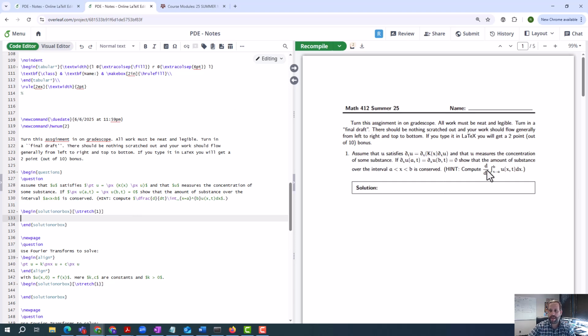So I'm going to follow the hint. It says to compute this right here. So what is the hint getting at? This quantity right there, that integral, is the amount of substance on that interval at time t. We want to compute the derivative and show it's equal to 0.